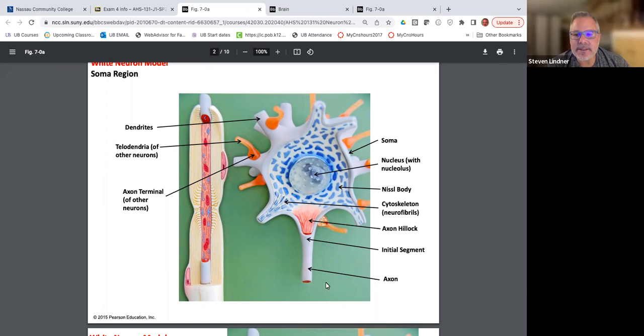And here is the axon. The dilated portion here at the beginning is the axon hillock. And between the axon hillock and the axon is a specific region called the initial segment. Sometimes they call the initial segment the trigger zone.